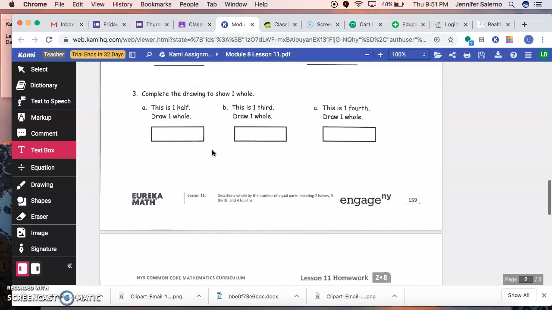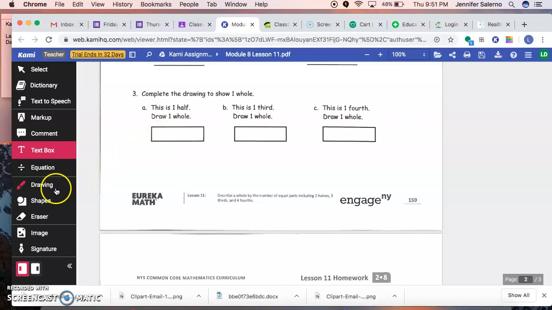Now, for this part down here, they're giving you a drawing, okay? And then they're saying that this is 1/2 of a shape. They want you to draw the whole. So if this is 1/2, a half means that there should be 2 total parts. Right now I only have 1 part.